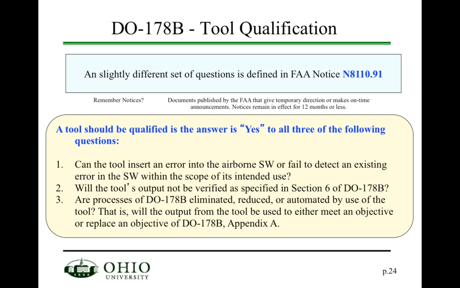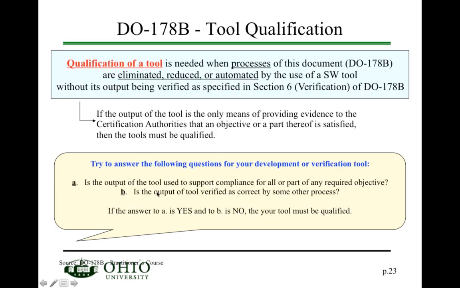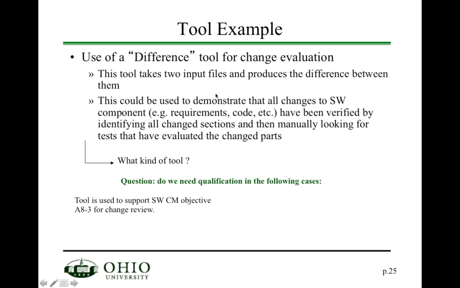So it is a different way of looking at it than the two questions. For example, let's look at using a difference tool, like in Linux that would be diff. This tool takes two input files and produces the difference between them. You could be using this, for example, to demonstrate that all changes to the software component, requirements and code, have been verified by identifying all changed sections and then manually looking for tests that have evaluated the changed part.